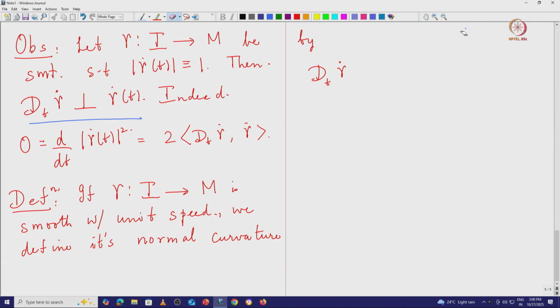So, we can always write the intrinsic acceleration as simply some scalar which I will denote by kn of t times n of t. So, this kn is what is called the normal curvature.